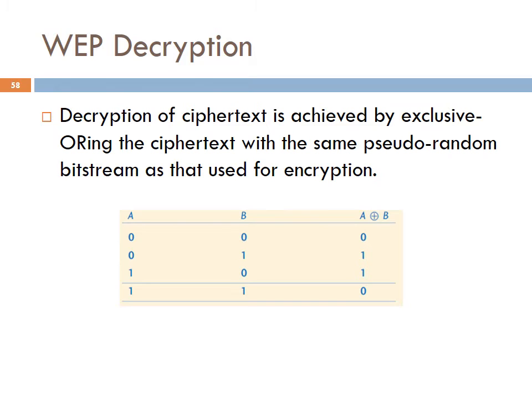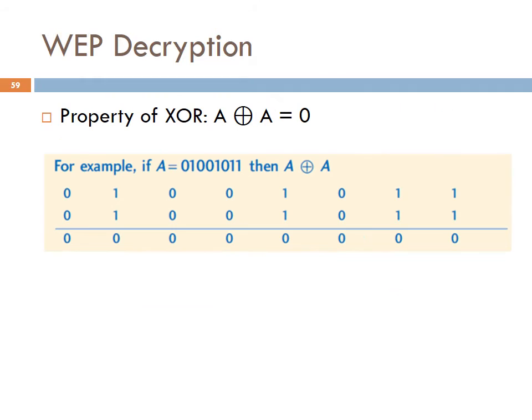Decryption of ciphertext is achieved by exclusive ORing the ciphertext with the same pseudo-random bit stream as that used for encryption. A property of XOR is that A XOR A equals 0.